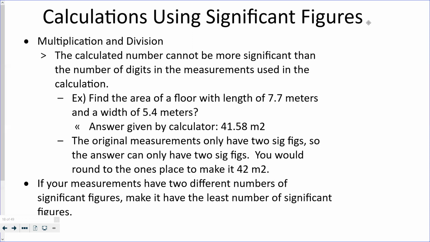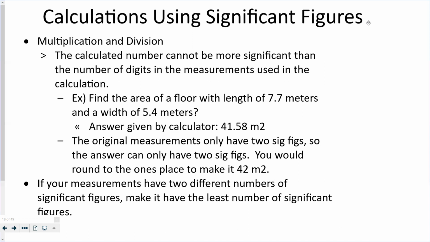So for example, if we need to find the area of a floor with a length of 7.7 meters and a width of 5.4 meters, when you do 7.7 times 5.4, your calculator gives you an answer of 41.58 meters squared. Notice that our two original numbers, the 7.7 and the 5.4, both have two significant figures. 41.58 has 4 significant figures.